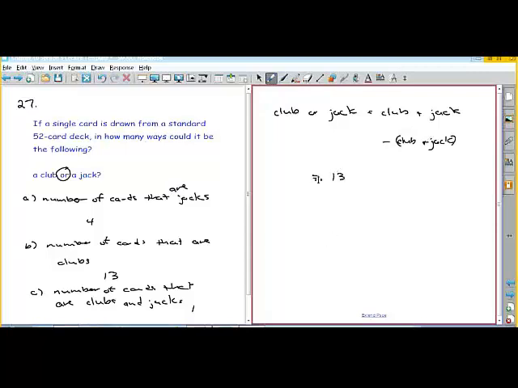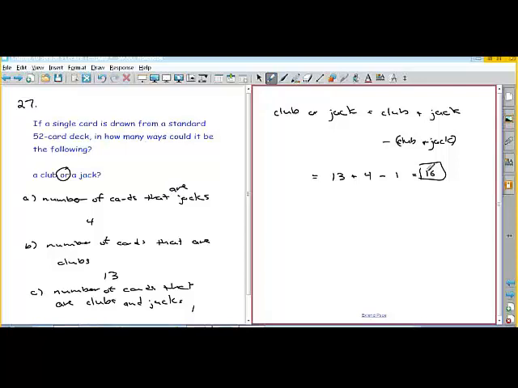So we have 13 out of the 52 cards are clubs. 4 out of the 52 cards are jacks. 1 is the jack of clubs, and so there are 16 ways. So if we go to probability, which is next chapter, if I asked you what's the probability of getting a club or a jack?